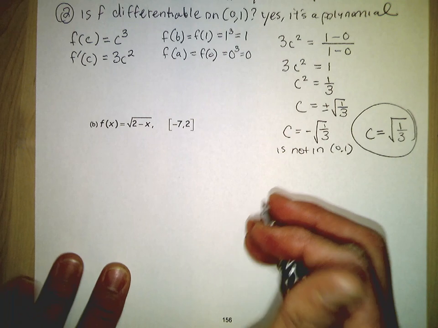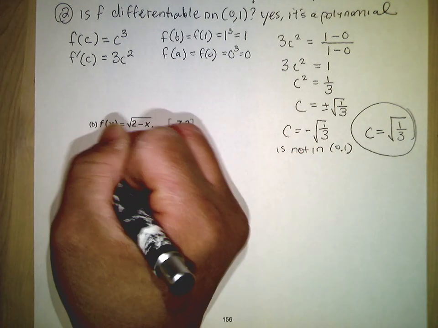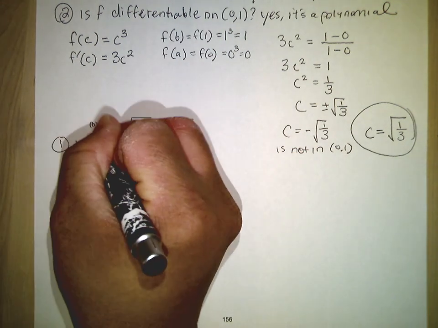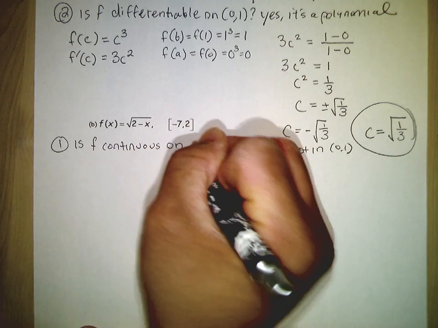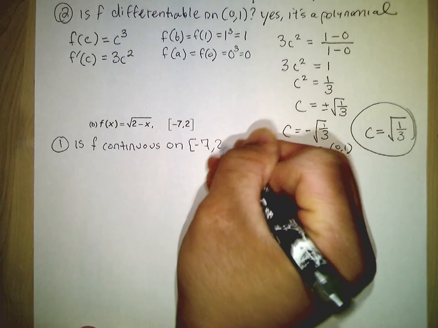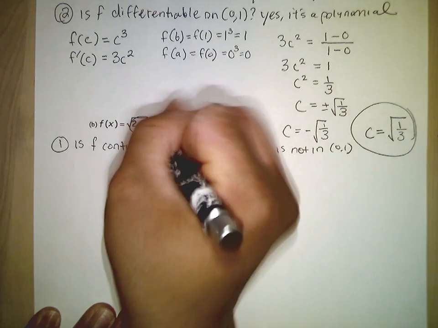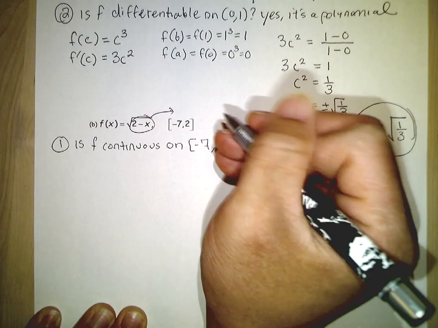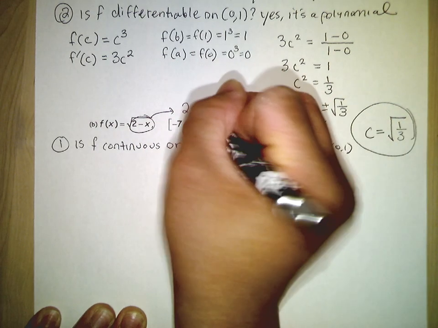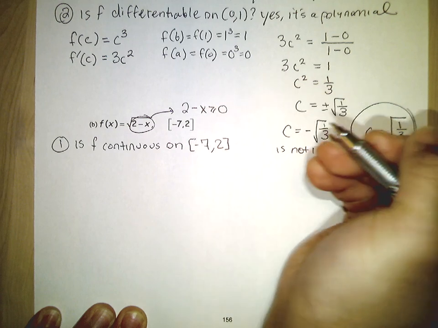Let's try another one here. So, is f continuous on the closed interval -7 to 2? Well, if you look at this, this is under the square root, the 2 minus x. So 2 minus x has to be greater than or equal to 0.